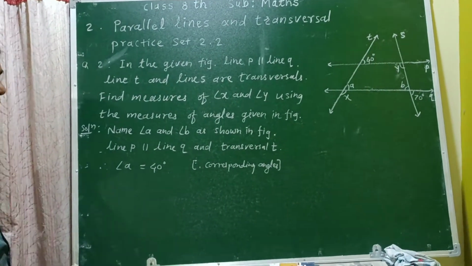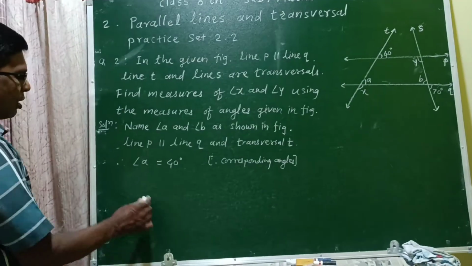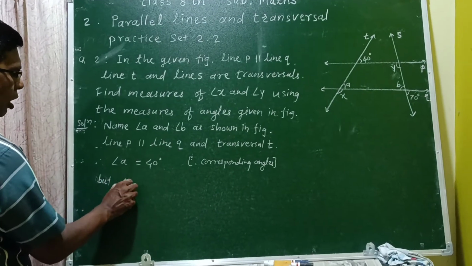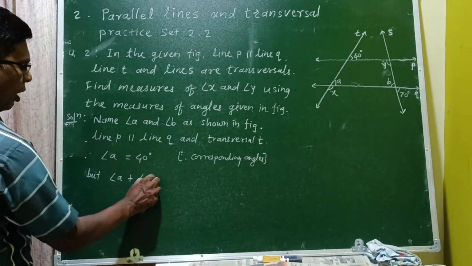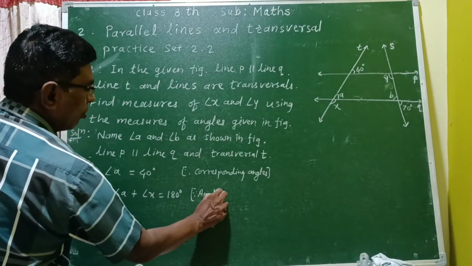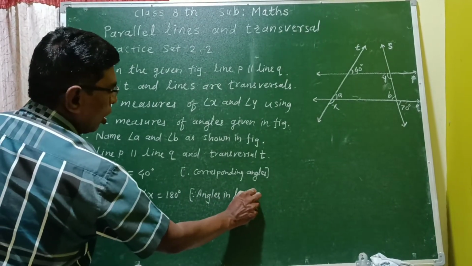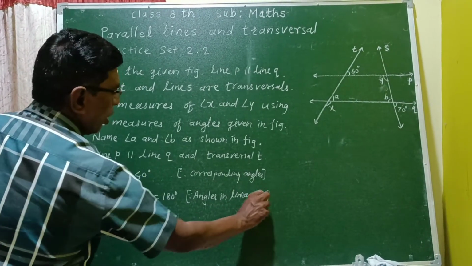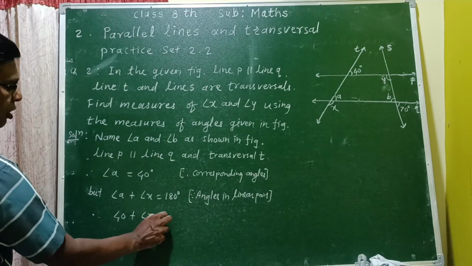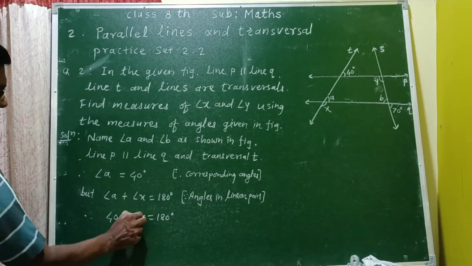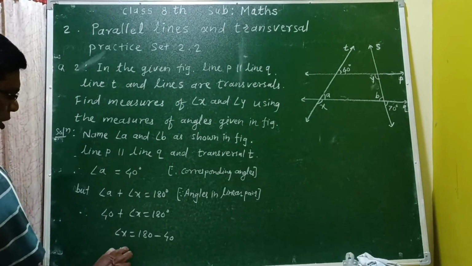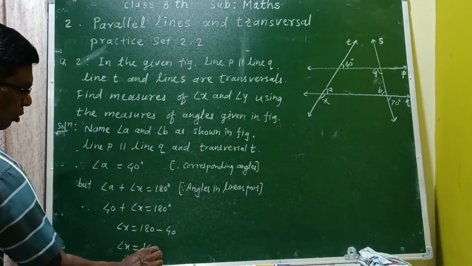Now, A and X are angles in a linear pair. Angle A plus angle X is equal to 180 degrees because angles in a linear pair. Therefore 40 plus angle X is equal to 180 degrees. Angle X is equal to 180 minus 40, angle X is equal to 140 degrees.